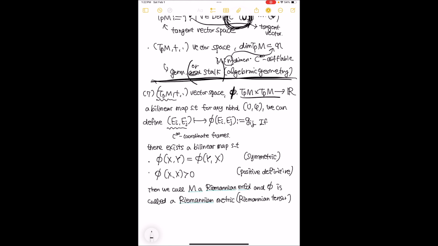As you see, that is a (2,0) tensor. So that name is also reasonable.